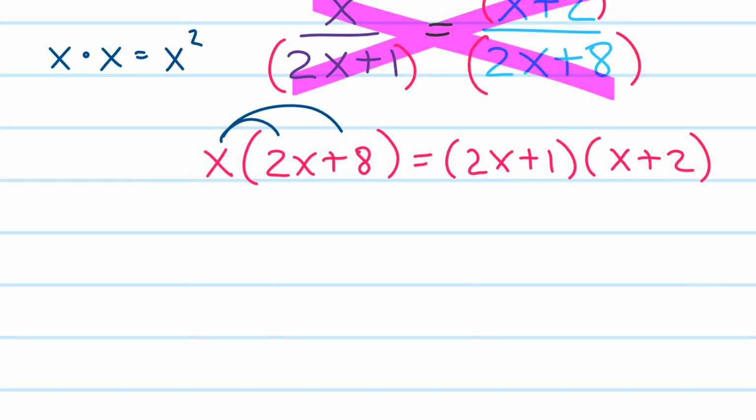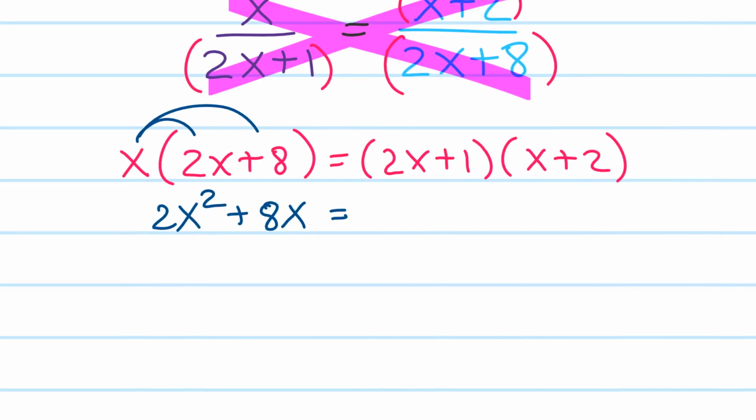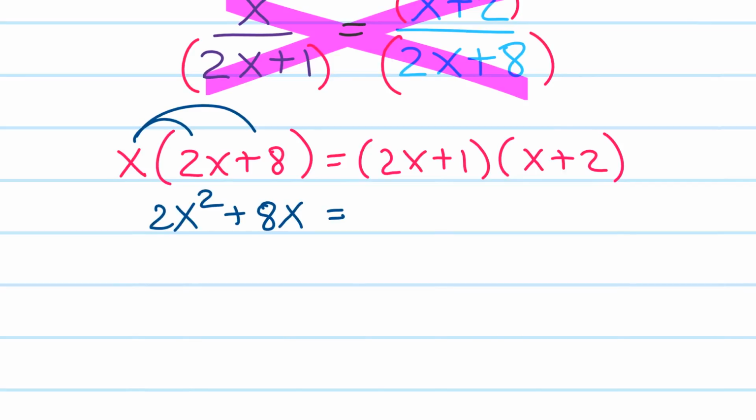X squared. X times x is x squared. So, what is x times 2x? And what is x times 8? 8x. Oh, I remember this from algebra now.